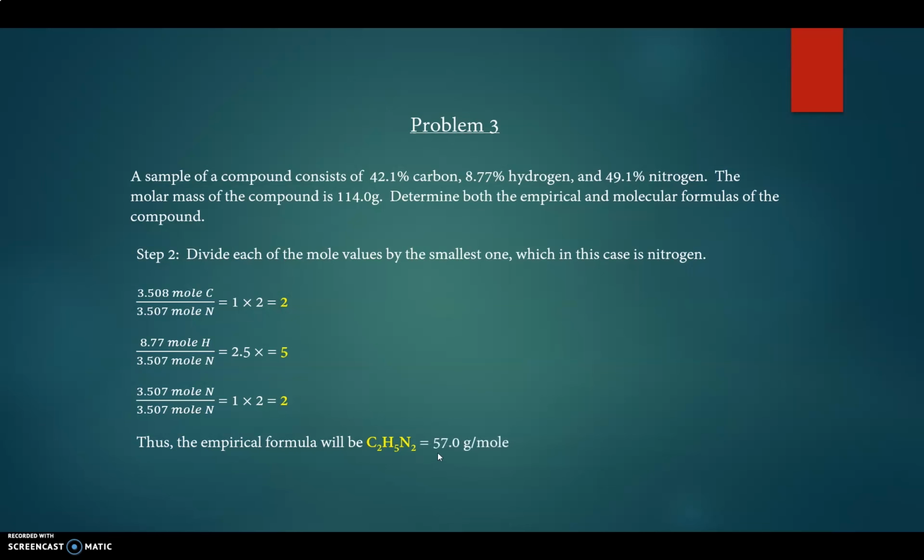We then want to figure out the molar mass of the empirical formula, which is 57 grams. We then divide the molar mass of the compound by the mass of the empirical formula. We get a multiplier of 2, and therefore the molecular formula will be C4H10N4.